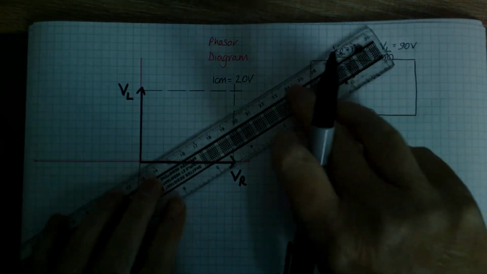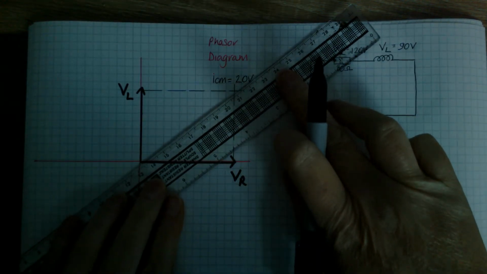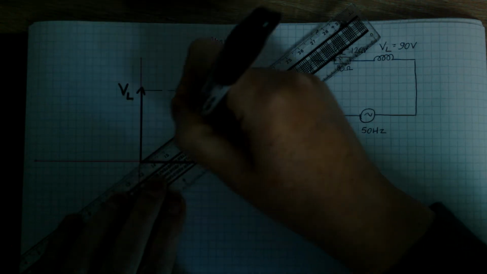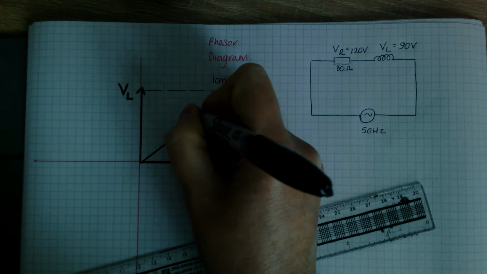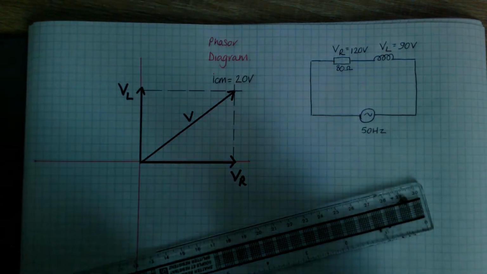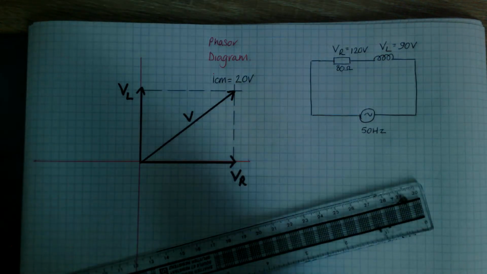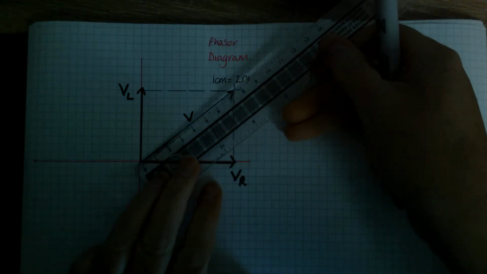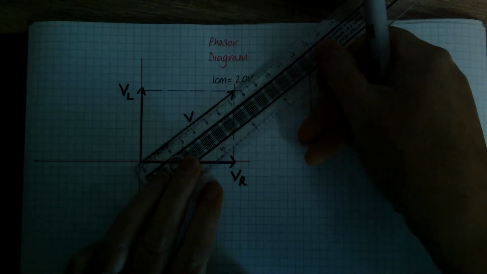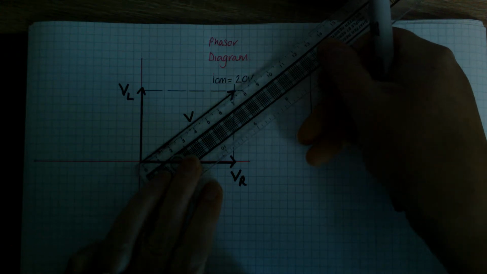So this third phasor that I draw in here, that's my supply voltage V. And going by my scale, when I measure this, I'm getting about 7.6 centimetres.